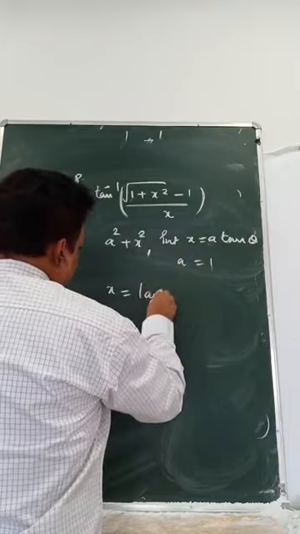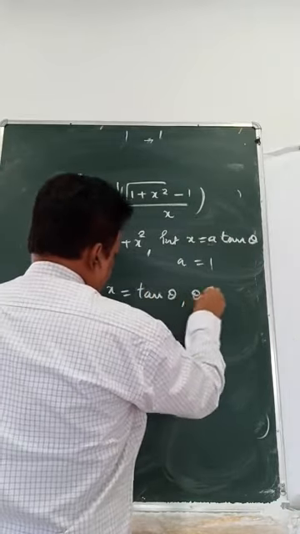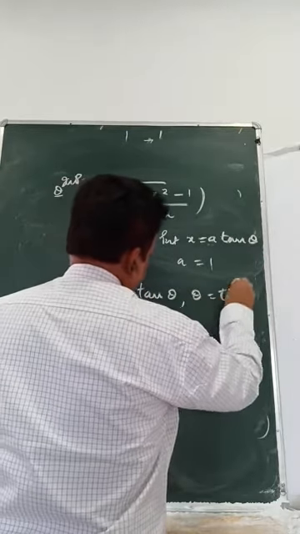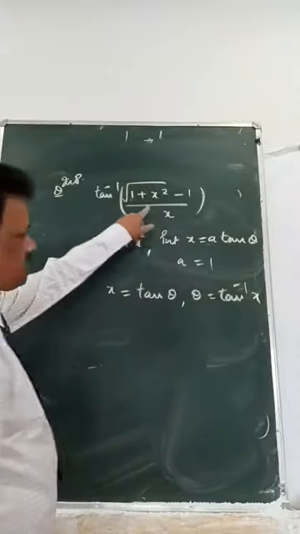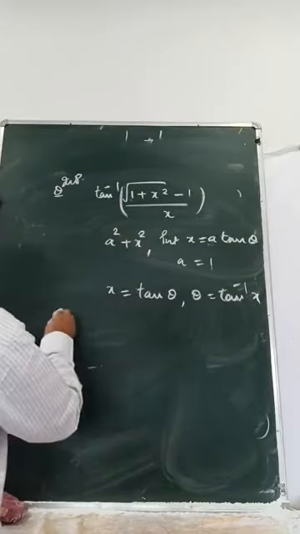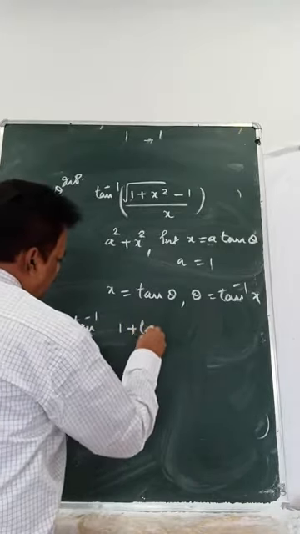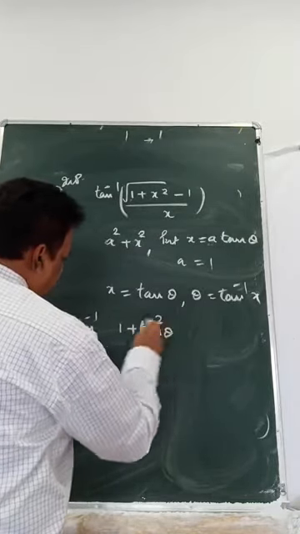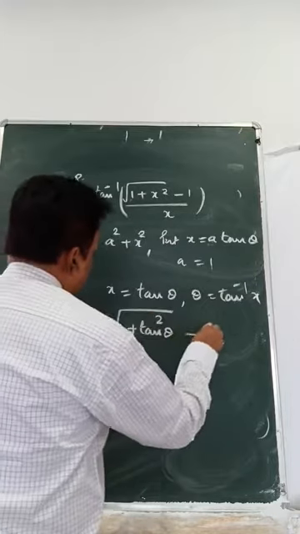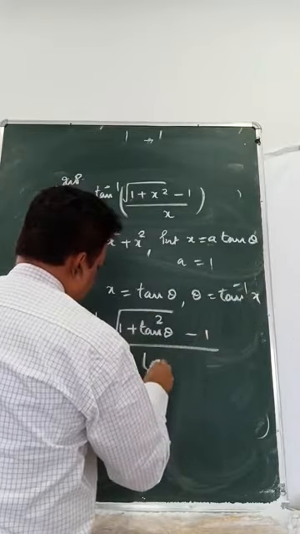It means only tan theta. Theta equals tan inverse x. A bit lengthy, try to see. So that will be tan inverse of root 1 plus tan square theta minus 1 by tan theta.